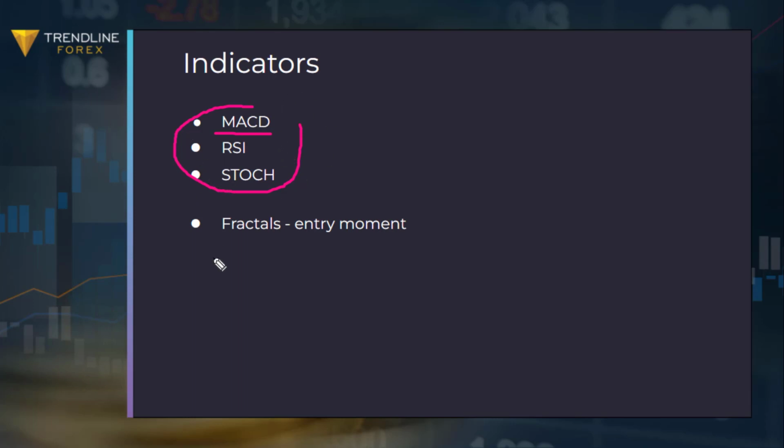But together with that, I like to use the fractals as well, and this is what gives me the perfect entry moment, or at least in most cases. Let's see, we see that price is trending to the downside, then we get a certain candle, right? And then what we see below that candle is a fractal, which gives us a signal that might turn out to be the low before price shoots up.